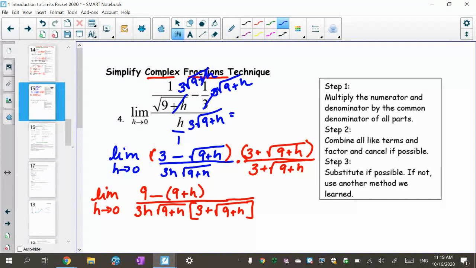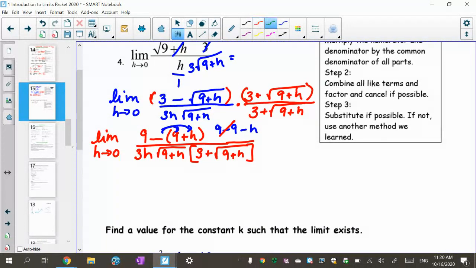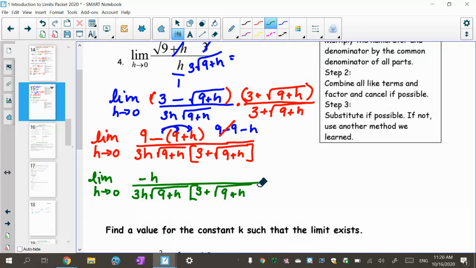Now when I go to do this, I've got to distribute that negative. So this is really 9 minus 9 minus h. So this is what I have so far. I have the limit as h approaches 0 of negative h all over 3h radical 9 plus h times 3 plus radical 9 plus h.